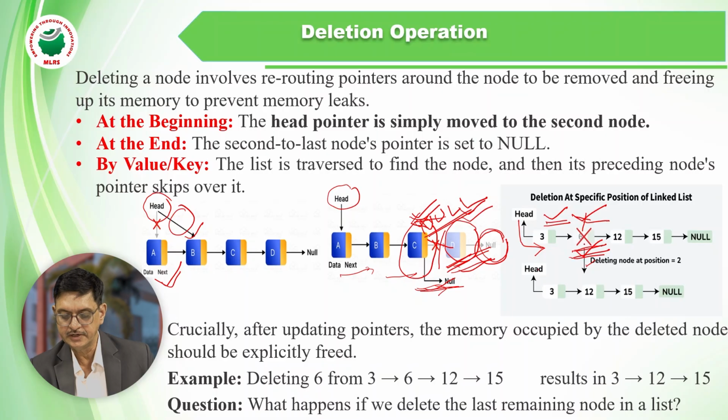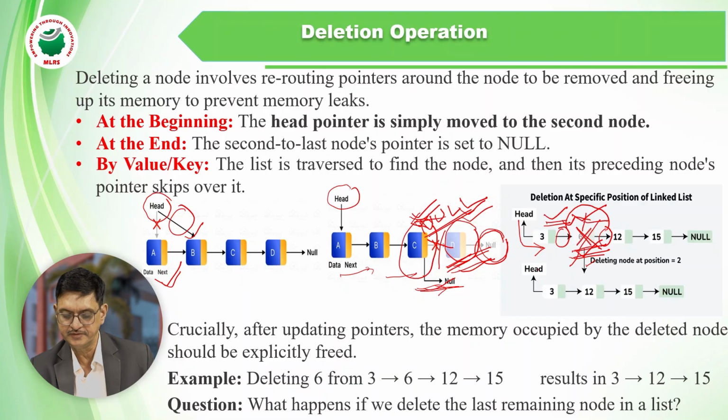Once these nodes are identified, the previous node's address should be replaced by the address that the required node contains. Once this address is replaced by whatever address is in the deleted node, this address is copied here. So it logically eliminates the node to be deleted.